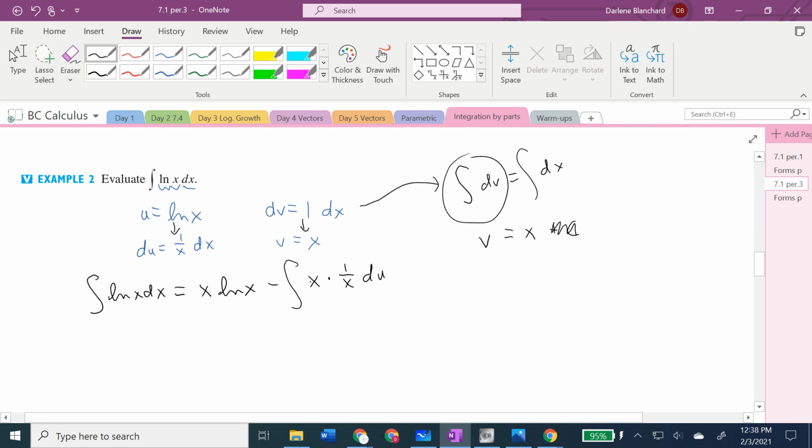Oh, look at that. That's just the integral of, oh, I'm sorry, I wrote du. Silly me. 1 over x dx times x. There we go. What is the integral of just plain dx?